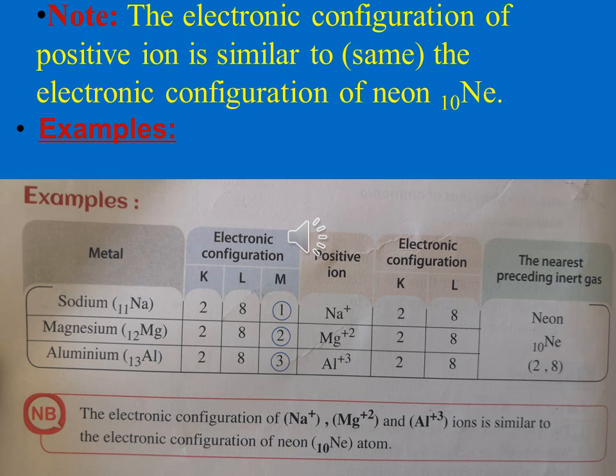It will lose two electrons and convert to the positive ion Mg2+, carrying two positive charges, and the ion's configuration will be 2, 8, like neon. What about aluminium? Al13 has 13 electrons, so its configuration is 2, 8, 3. Al3+ is the ion because it lost 3 electrons, and its configuration will be 2, 8, also like neon. So the electronic configuration of positive ions is like that of neon, Ne10.